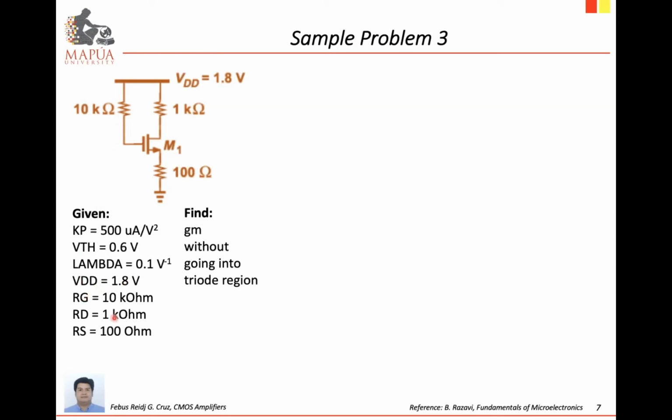Gate resistor is 10 kilo ohms. Drain resistor is 1K, source resistor is 100 ohms. And we're asked to determine the transconductance parameter gm without going into the triode region. So again, it means the VDS will be at the saturation point. So VDS will be equal to VGS minus VTH.